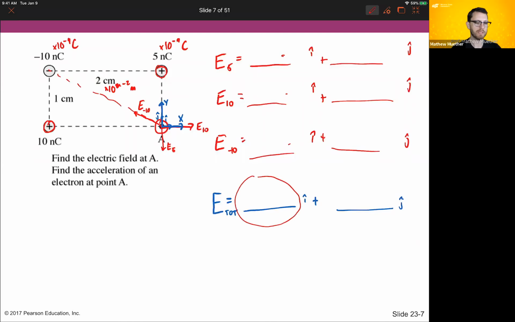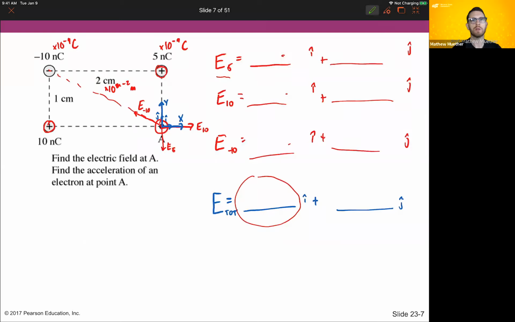So let's go piece by piece here. The positive 5 nanocoulomb charge. Let's first try to establish the signs of the different vectors. In this coordinate system, does E5 have a component in the x direction? What do people think?